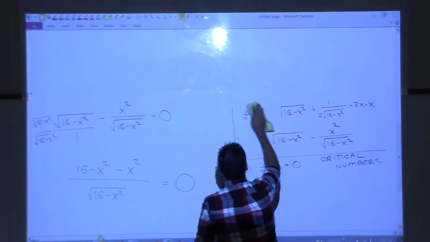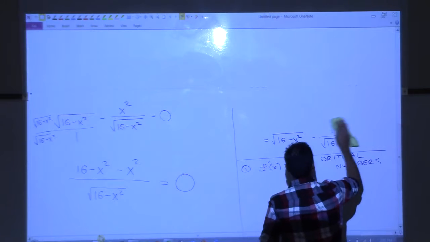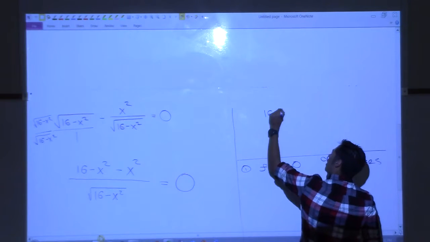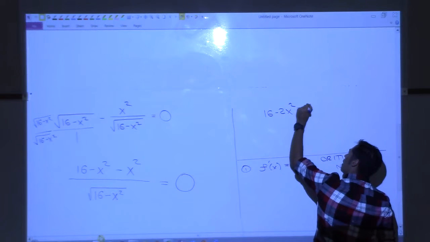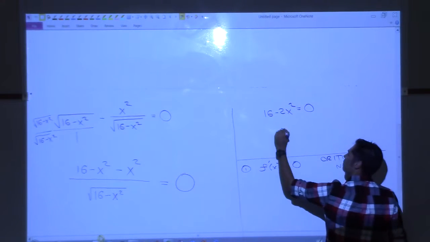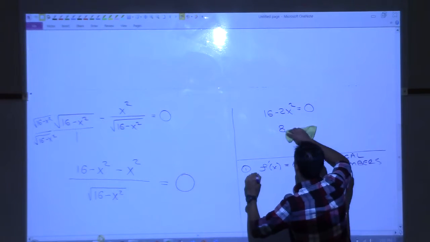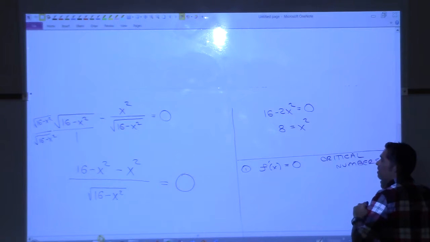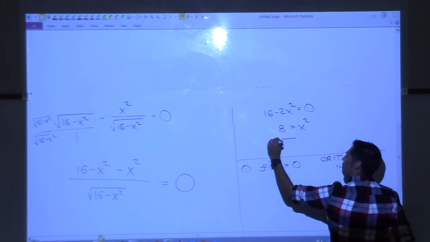So now, setting the top to 0, the numerator, we're setting 16 minus 2x squared equal to 0, and I'm hoping everyone's comfortable solving that. Just moving things around, isolating x squared, and then taking the square root on both sides.